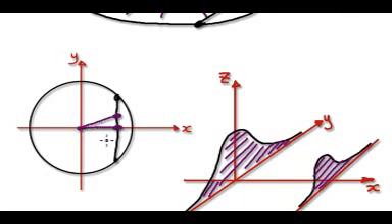Don't forget, the adjacent here is nearer to the center. Well, hang on, let's start again. If you cut it along here, this distance here is shorter than this distance here. So this distance here is really the height.